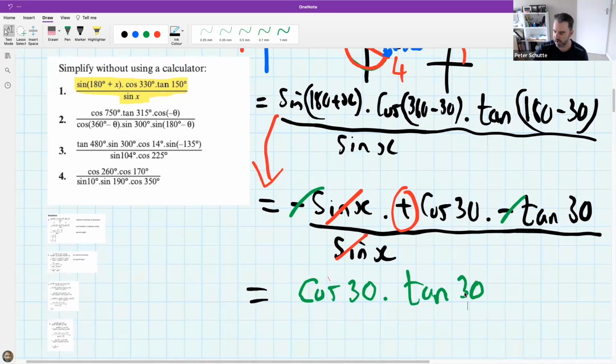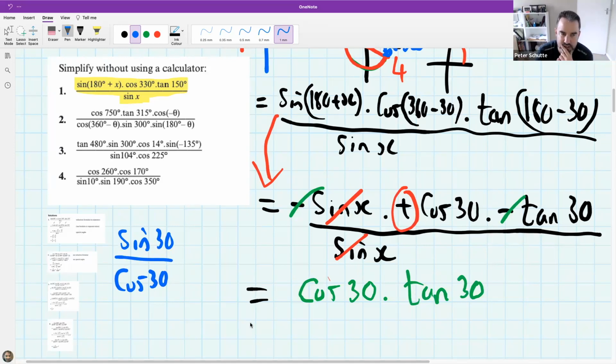Now, I'm still not done. Who thinks they have the next step for me? This is a good question. Who feels like they might have the next step for me? Change tan. Yes, so Morgan has suggested that I go back to the idea from earlier in the lesson, and I say, look, tan 30 can actually be written as the sine of 30 over the cos of 30.